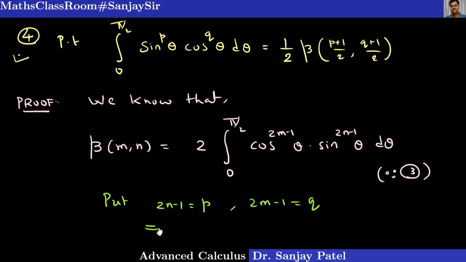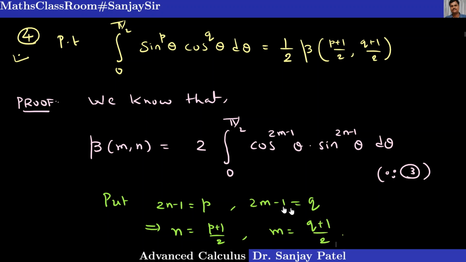As a result, n is equal to p plus 1 by 2, and m is equal to q plus 1 by 2.